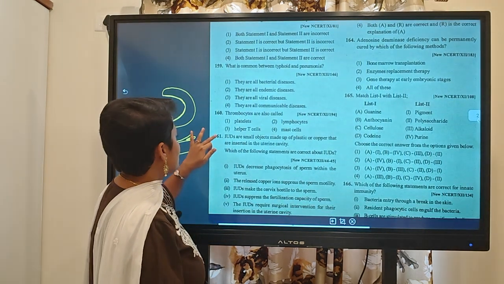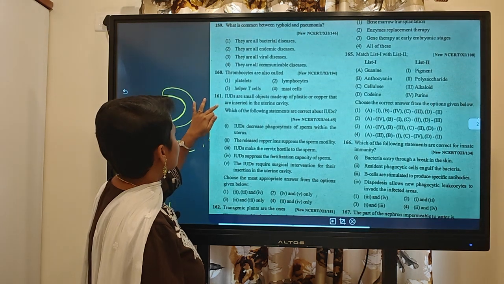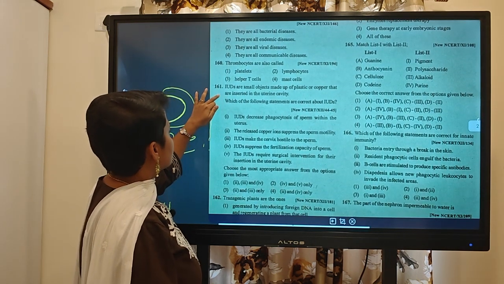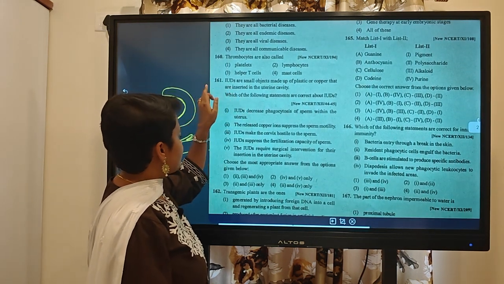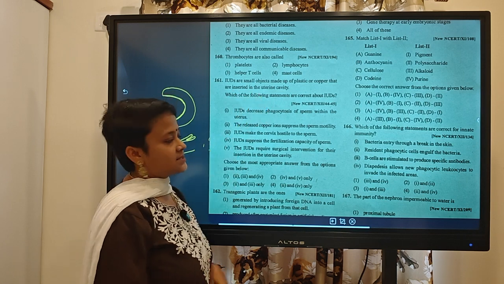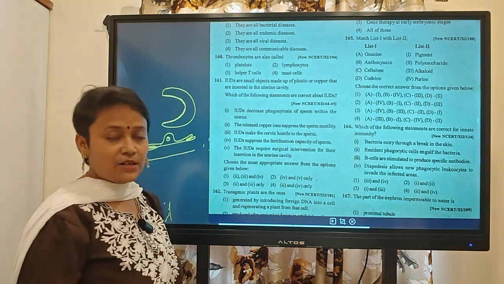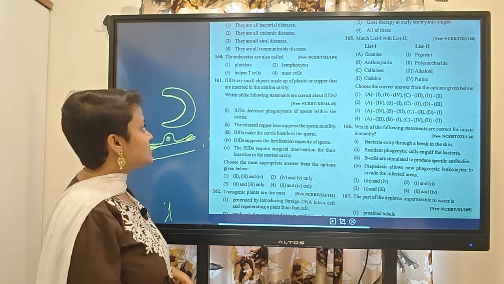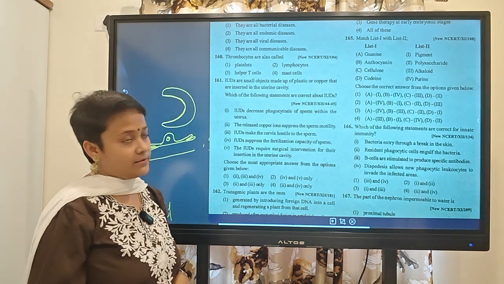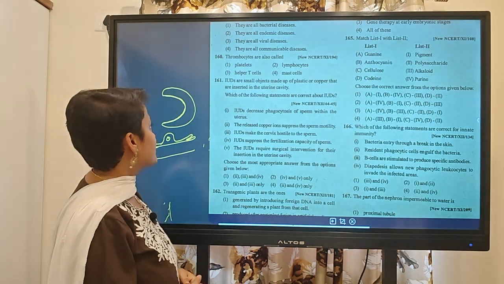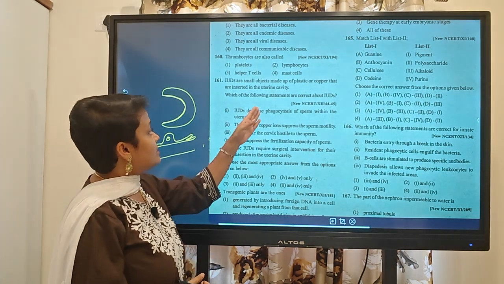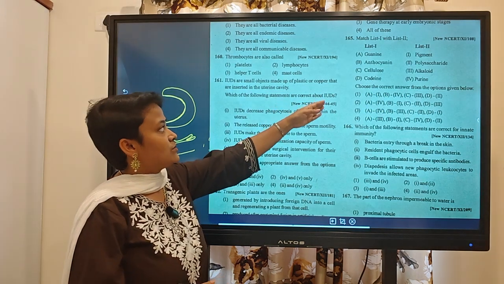Coming to 161. IUDs are small objects made up of plastic or copper that are inserted in the uterine cavity. Definitely, yes, it is true. Which one of the following statements is correct about the IUDs?